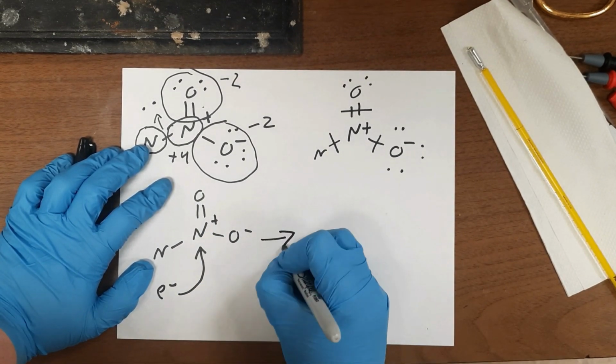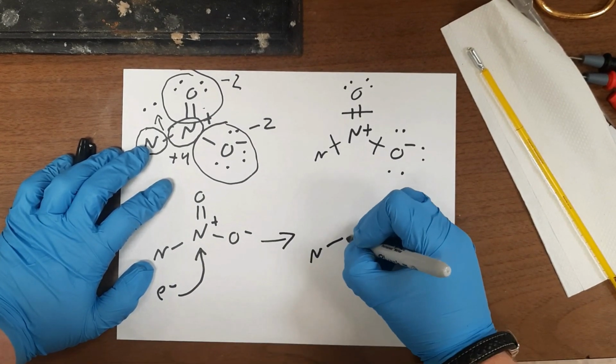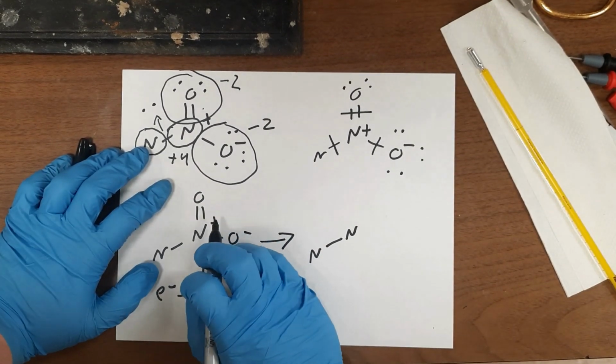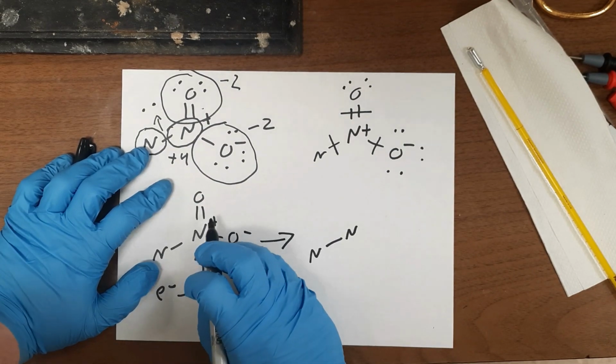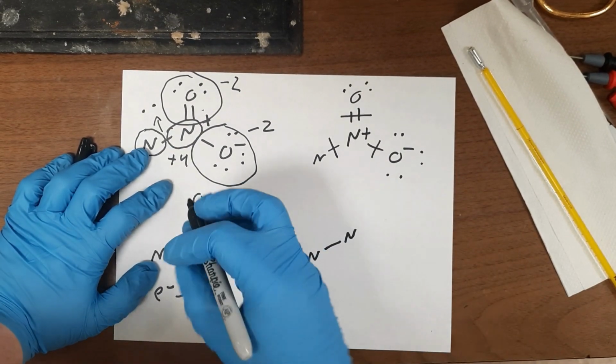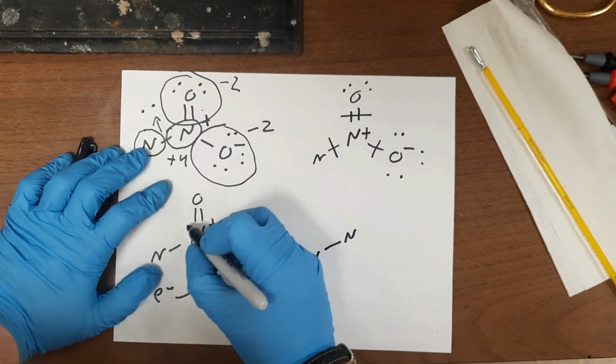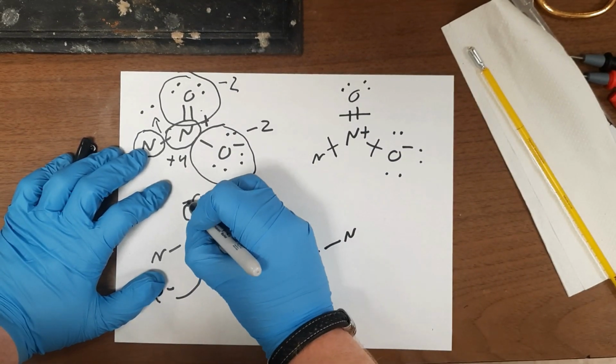So it will make this intermediate, but because it can't just exist on its own, this nitrogen just can't have an extra electron because it already technically has a full octet, technically. So then this bond goes into the oxygen.